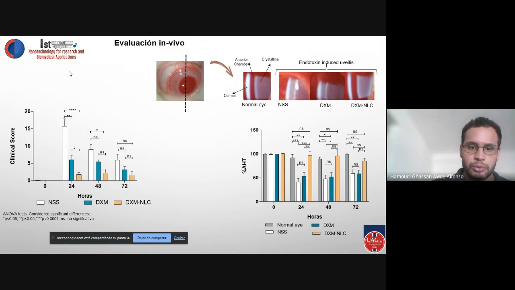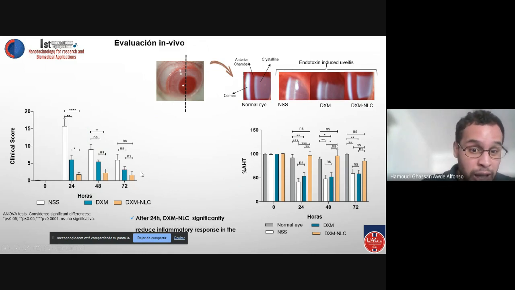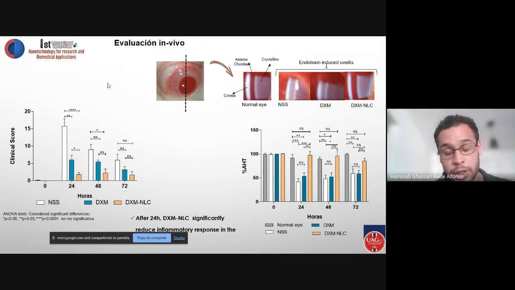After 72 hours, we realized that the clinical score of the rabbits that were treated with our nanoparticles was lower in comparison with both the dexamethasone treated and the normal saline solution treated.